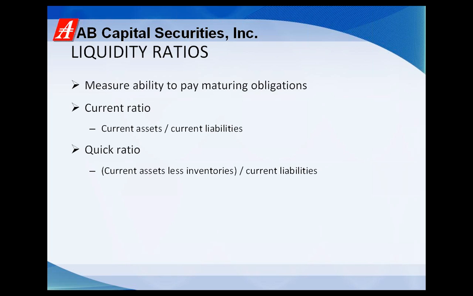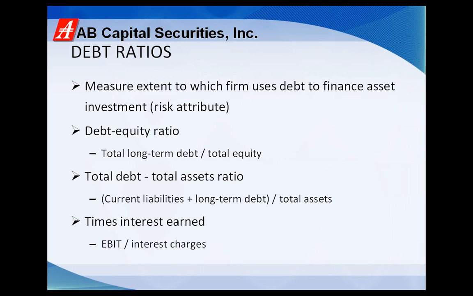With these kinds of ratios, the higher the current and quick ratio, the better the ability of the company to meet maturing obligations. Therefore, this would be more attractive to investors. And there are, of course, the debt ratios, which would show how much of the company's capital is in the form of debt relative to equity, for example.